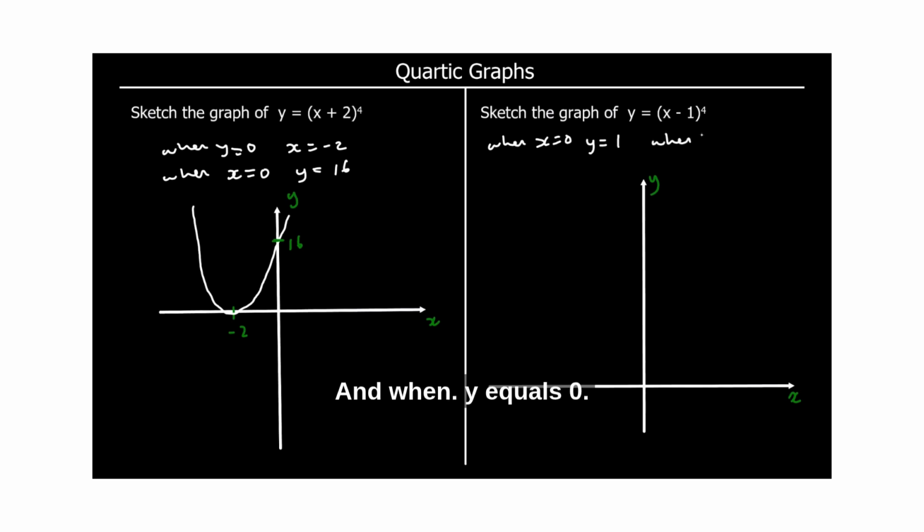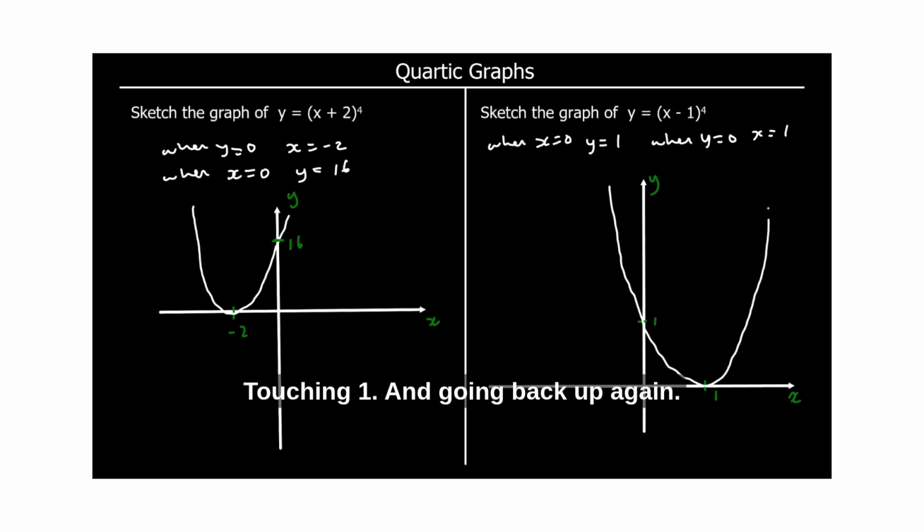And when y equals 0, x is 1. So it's going through 1 and 1. The root is repeated 4 times. So it's just coming down, touching 1, and going back up again.